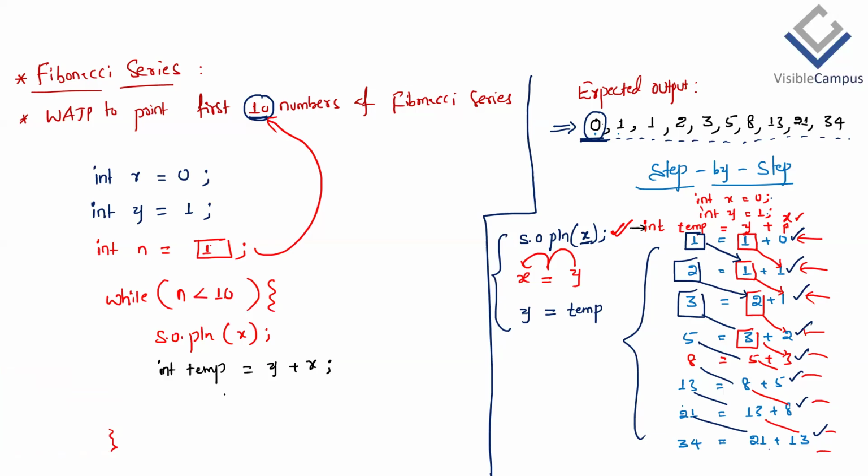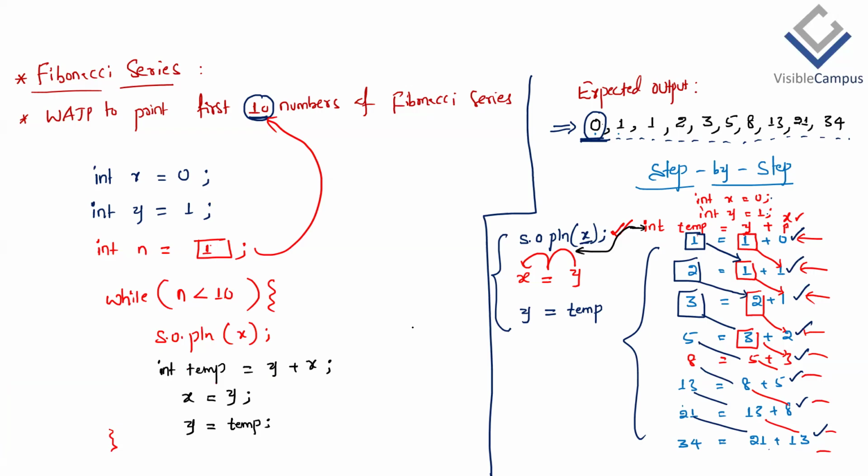After we perform this, assign the current y value to the x variable. Semicolon. Because they are already declared as integer types, no need of mentioning it again. Then next, assign the current temp value back to the y variable. That's it. So this is the Fibonacci series code, with the understanding of entirely this thing only, nothing different.